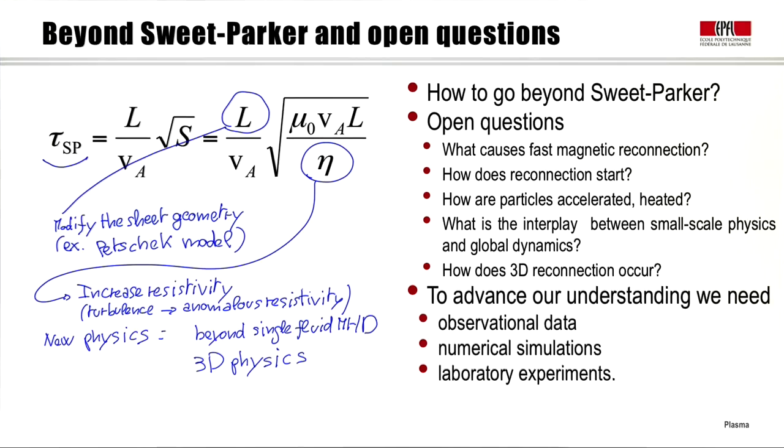What is the interplay between the small-scale physics that happens in the current sheet and the global dynamics of the plasma? And probably one of the most difficult questions is, how can we model three-dimensional magnetic reconnection? To advance our understanding in the future, we will need more observational data, numerical simulations, and laboratory experiments.